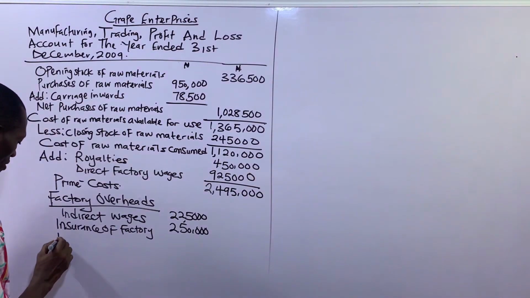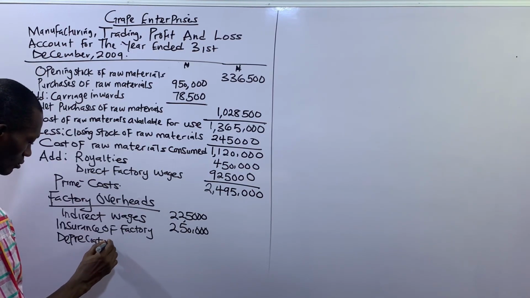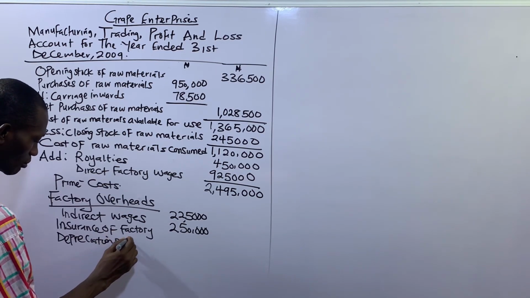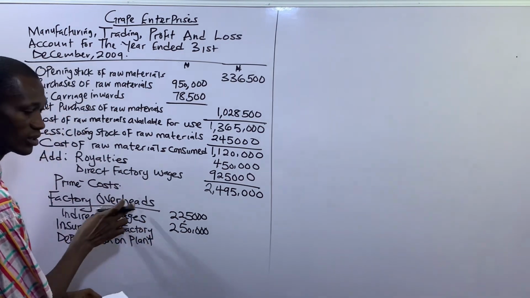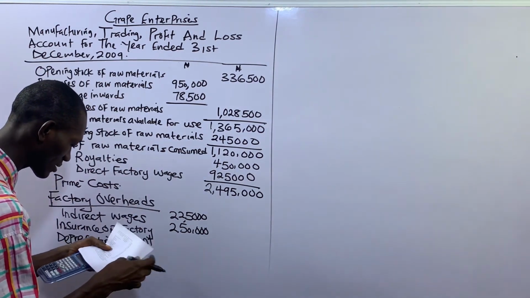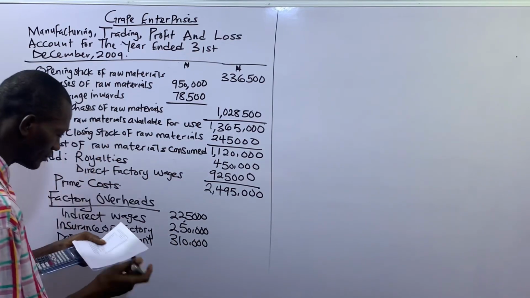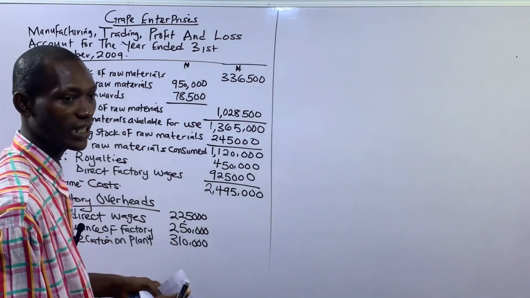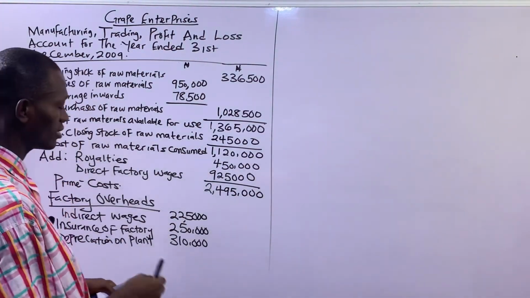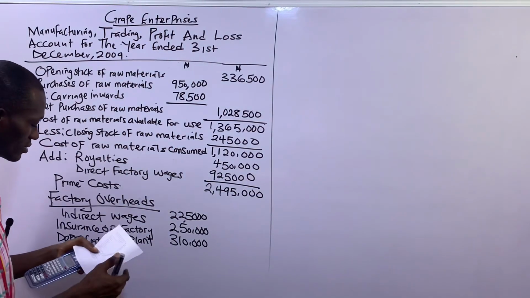So depreciation on plants is charged under factory overheads, and that's given as 310,000. If there is anything like repairs on plants, it will be brought under the factory overheads.